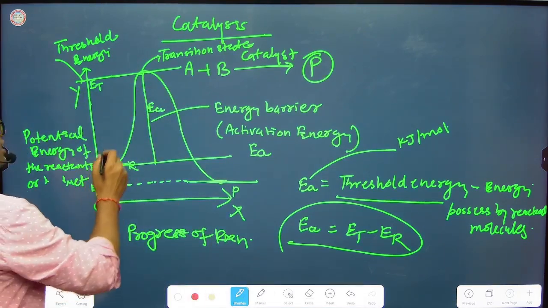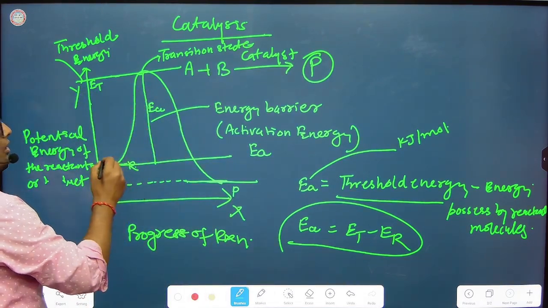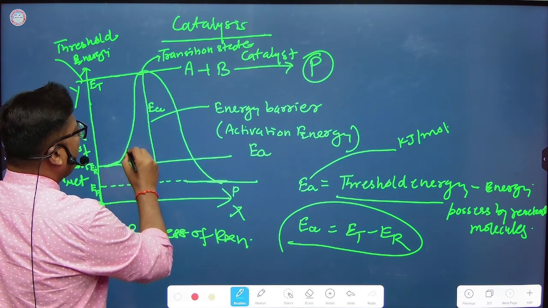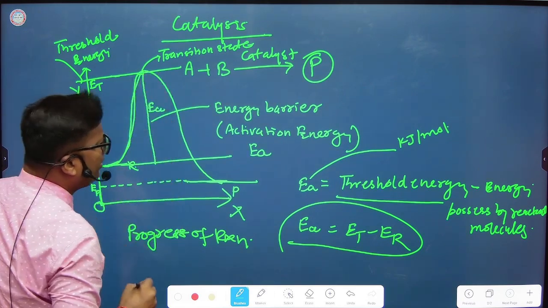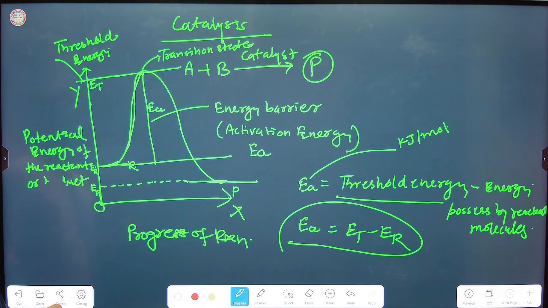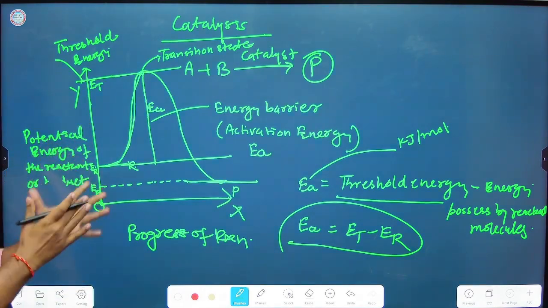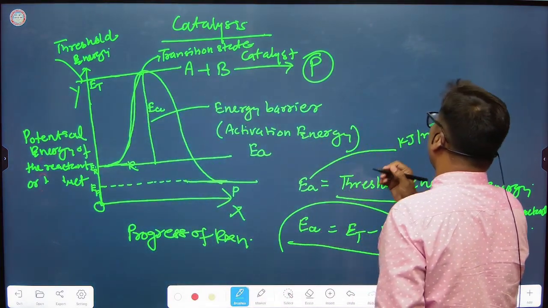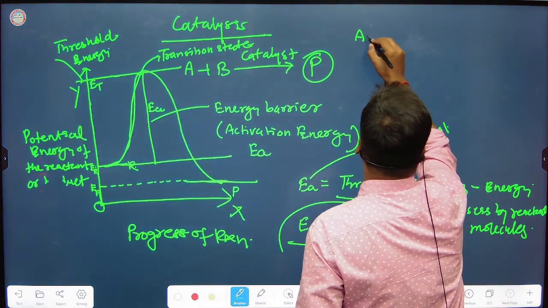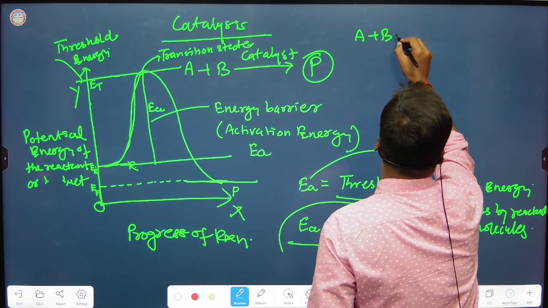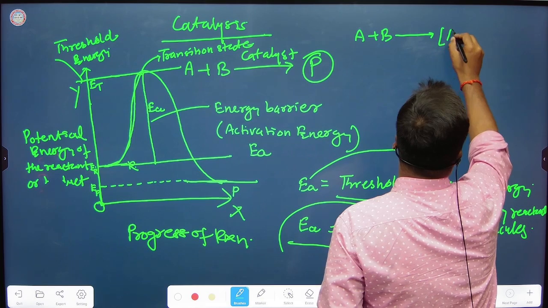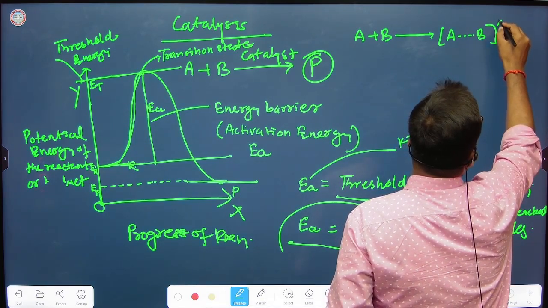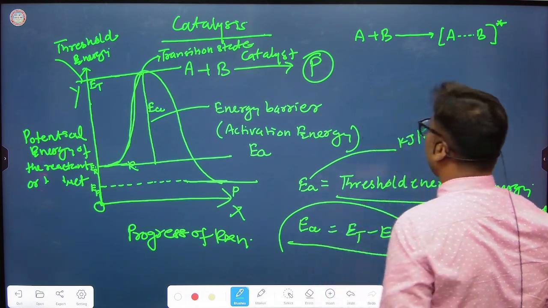So here, once the reactant reaches from this point to this point, right? It means the molecules form a transition state. Suppose we have reactants A plus B, then it forms A dot dot dot B, denoted by star. This is the transition state.